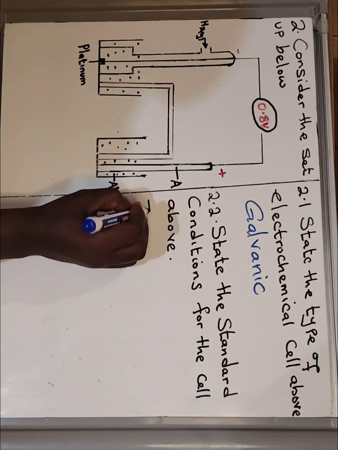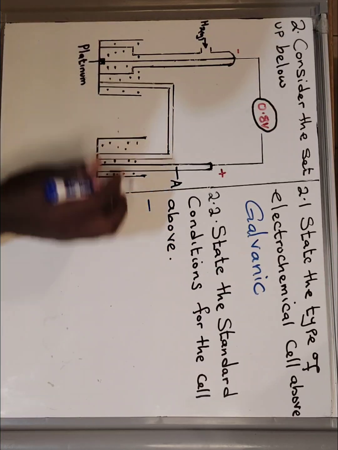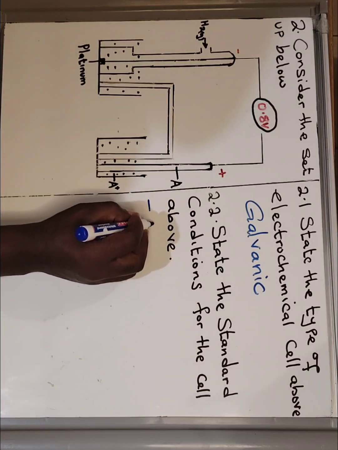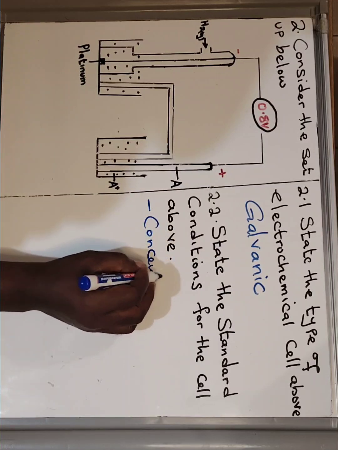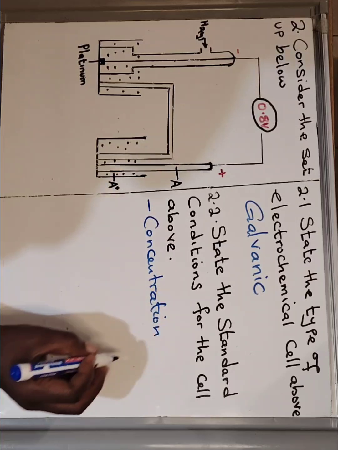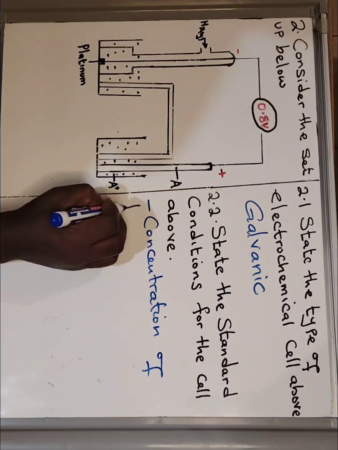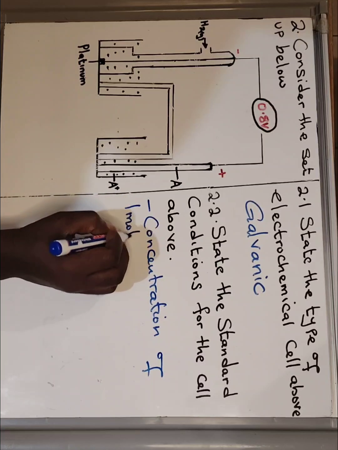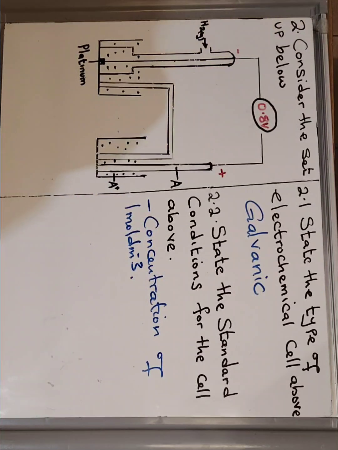The first one is that the concentration of these electrolytes is 1 mole per cubic decimeter.